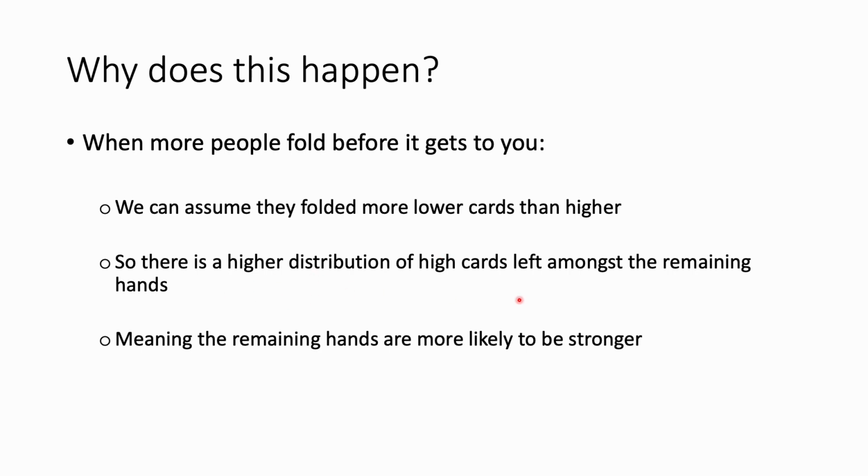So there's a higher distribution of high cards left amongst the remaining hands when more people have folded ahead of you. Meaning the remaining hands that have not been acted on are going to be stronger. The remaining ranges are going to be stronger.